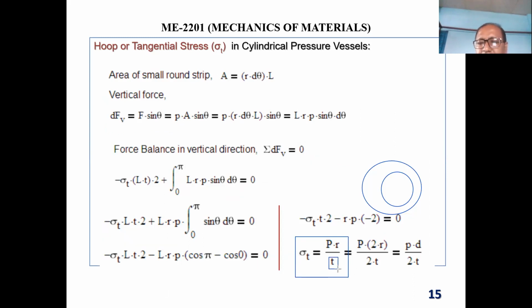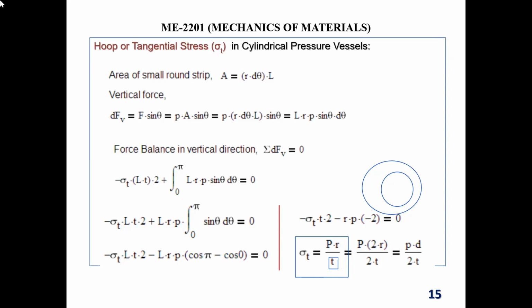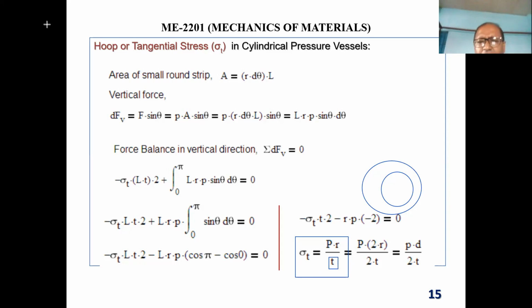If you increase the thickness of the pressure vessel, that means sigma T will decrease. So what does it mean?